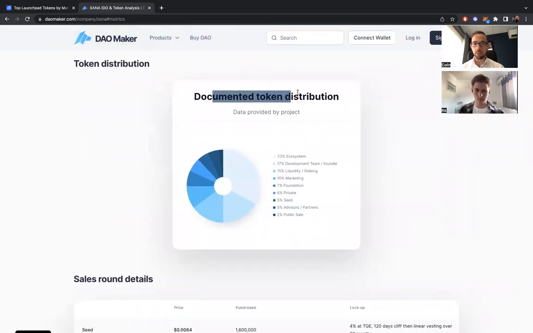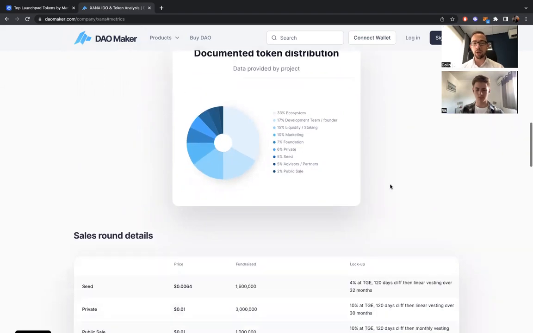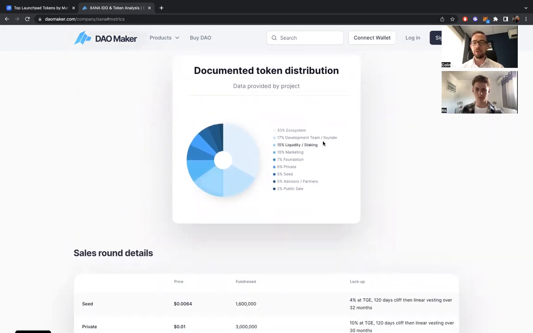You see token distribution. So basically, what is important to know on these tokenomics, for tokenomics in general, for every project, is that there's no fixed layout, right? This means that any project can assign any specific amount of the tokens as they please, I would say.